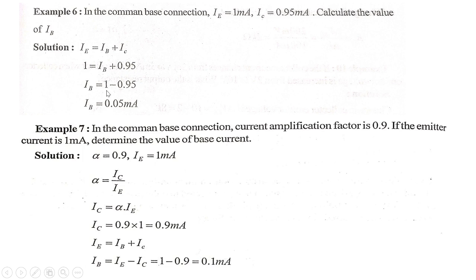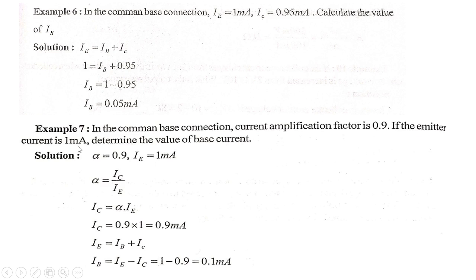So IB equal to 1 minus 0.95, that is IB equal to 0.05 milliampere.